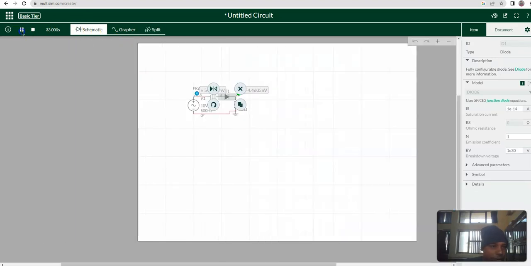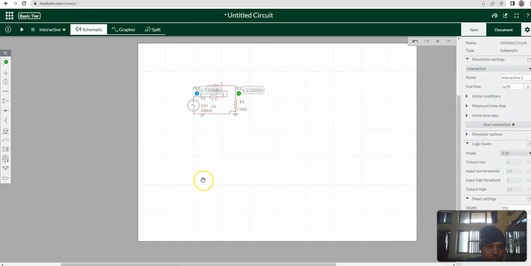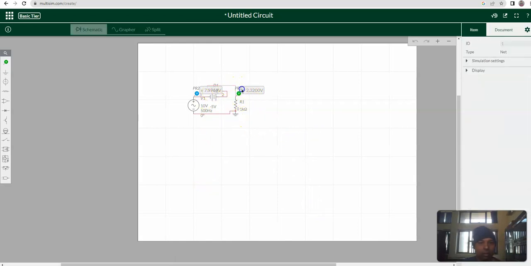Stop its running. Okay, now I am changing its mirror. Diode is mirrored away.